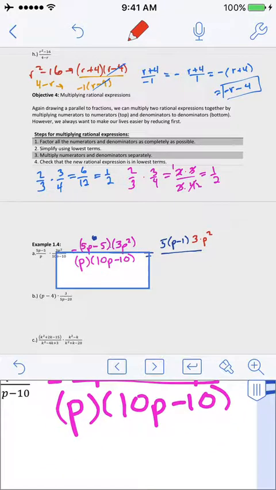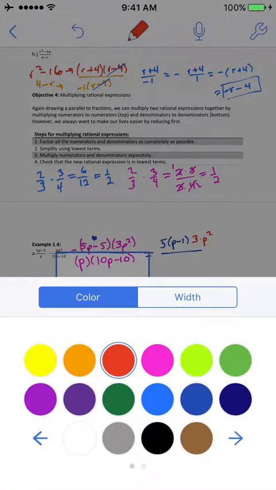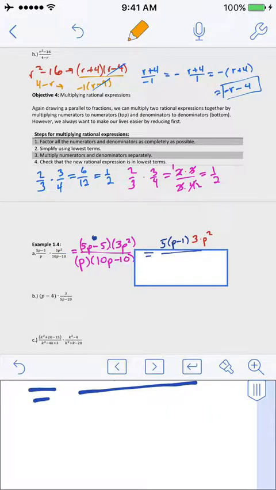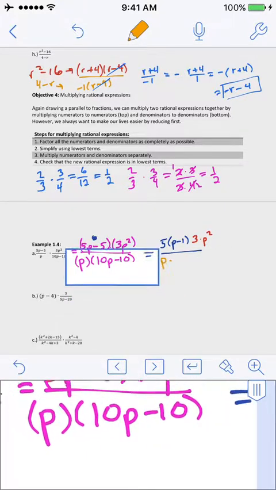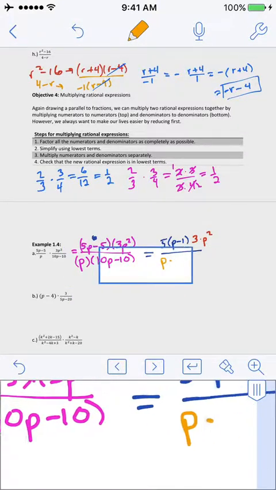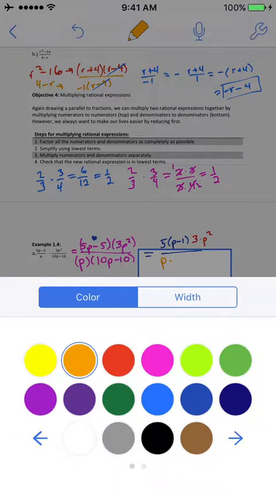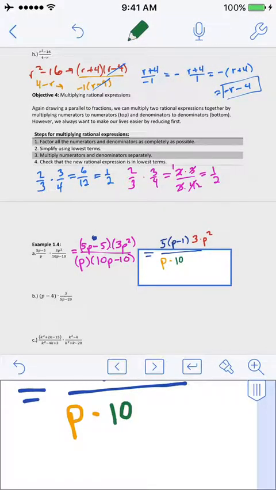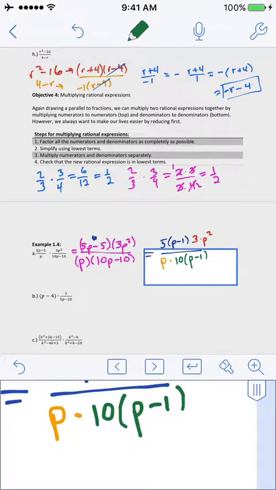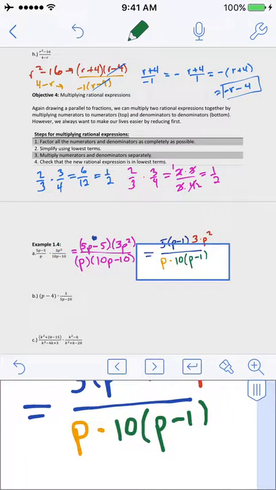Alright, I'll do the same thing on the bottom. P. That is about as basic as you can get. There's really nothing to do there. I'm not going to put parentheses around that. I'm just going to put times between. Here, 10p minus 10, that's also got a GCF. So let's do 10 on the outside, and we get a p minus 1. Alright. So I've factored all of these as much as I can, right?